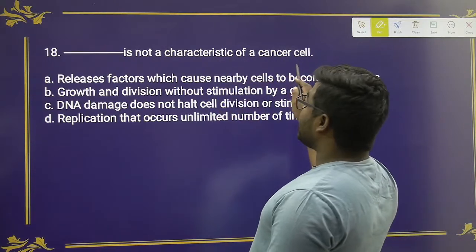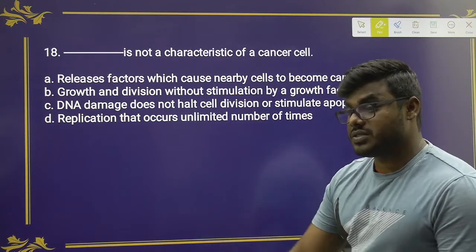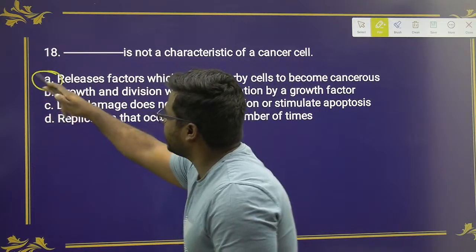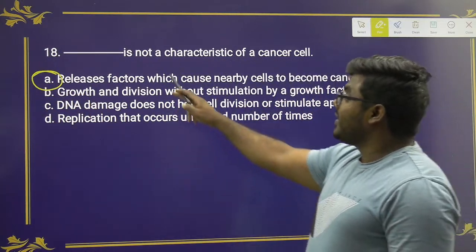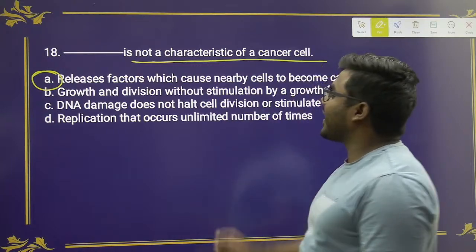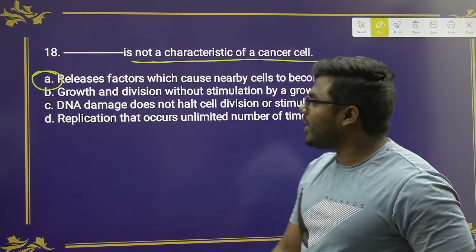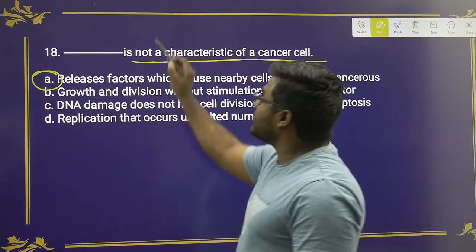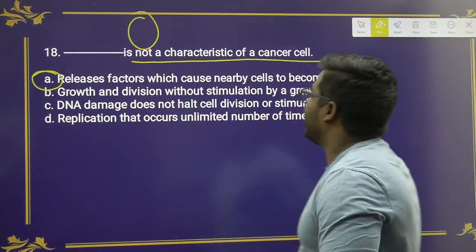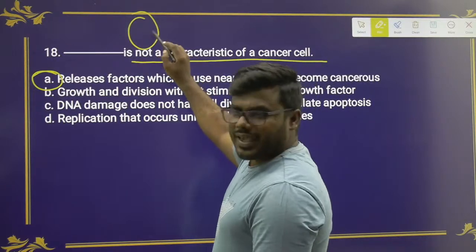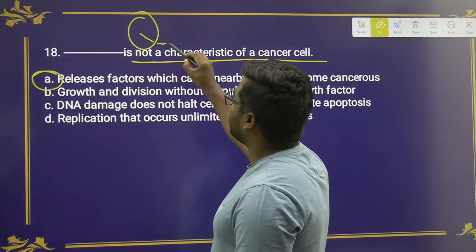Question number 18, the answer will be A. They are asking which is not a characteristic feature. So you have to understand, friends, this is a cancer cell that releases certain factors.